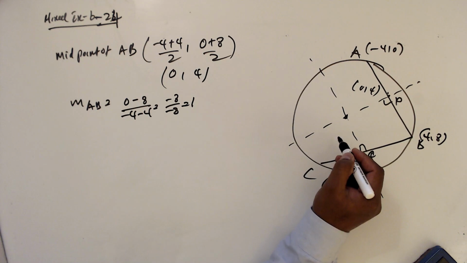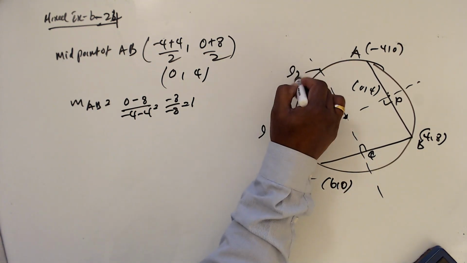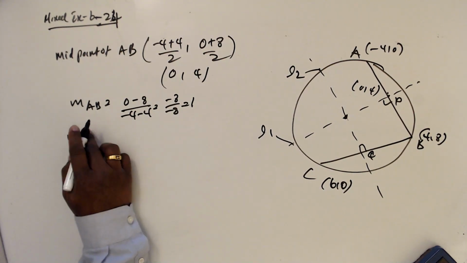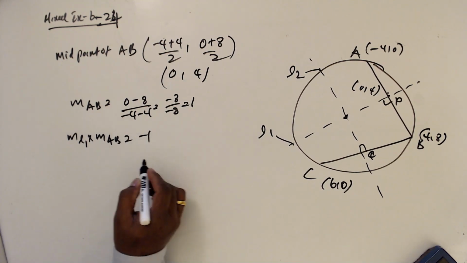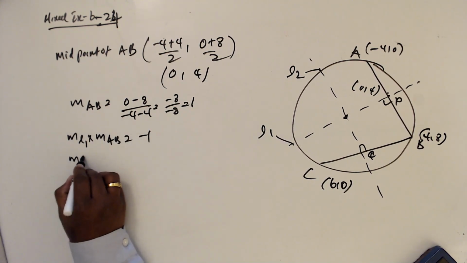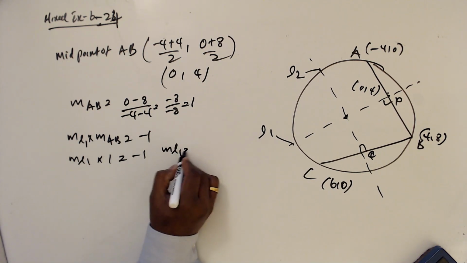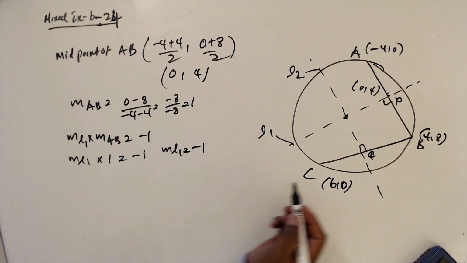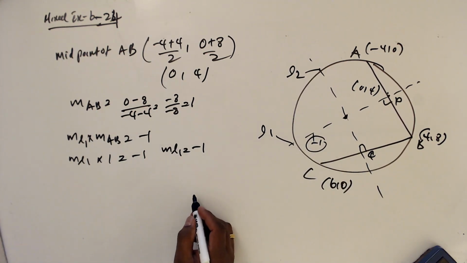Then the perpendicular gradient, I will take this as L1, this as L2. M L1 times M AB equals minus 1. Then M L1 times 1 equals minus 1, so M L1 equals minus 1. So this gradient is minus 1 now. We have a point.